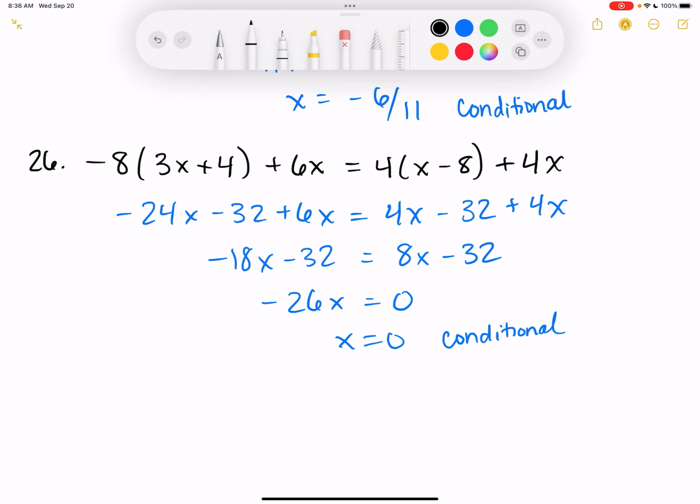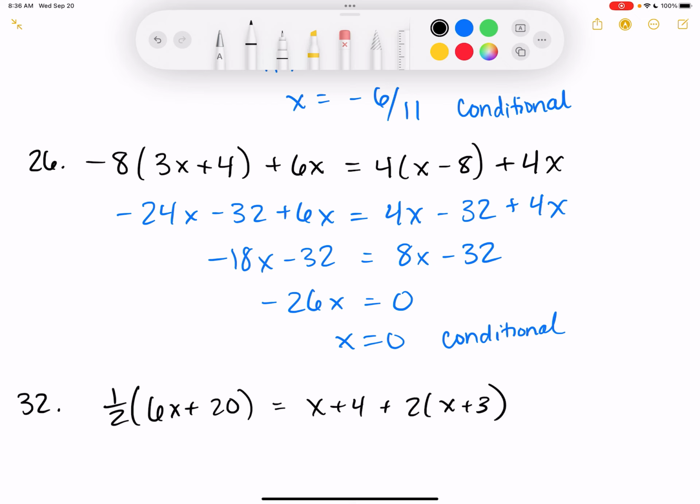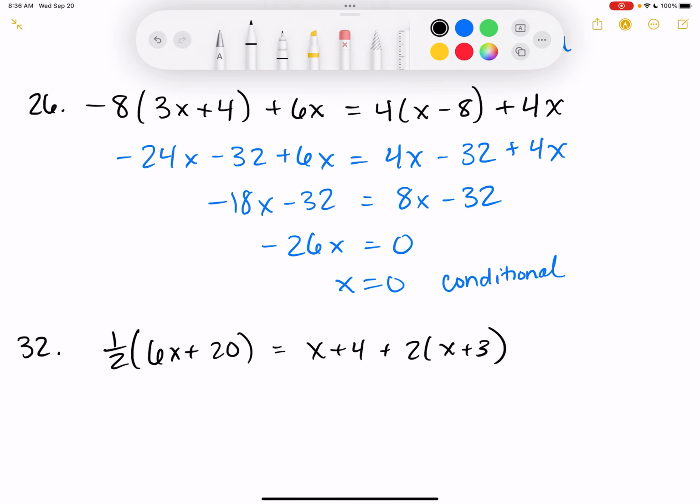So 32. 1/2 times 6x plus 20 is equal to x plus 4 plus 2 times x plus 3. So distribute. I've got 3x plus 10 is equal to x plus 4 plus 2x plus 6.